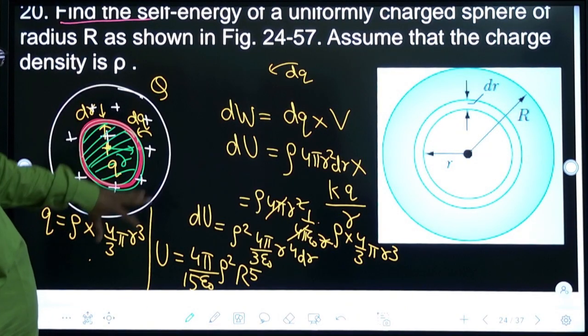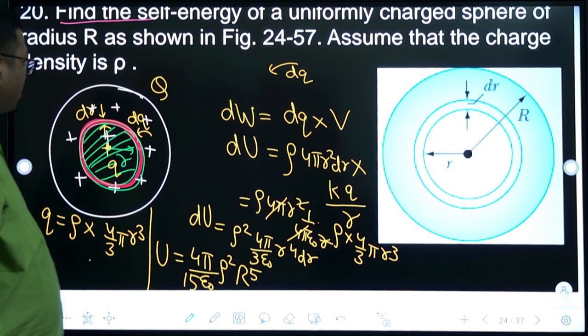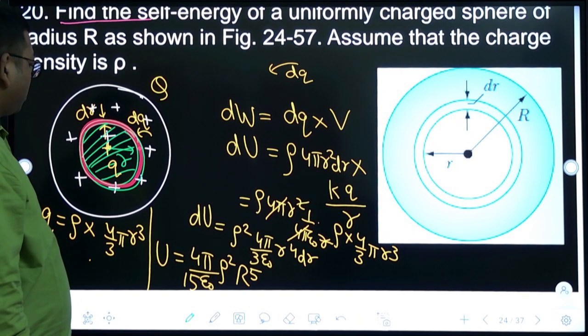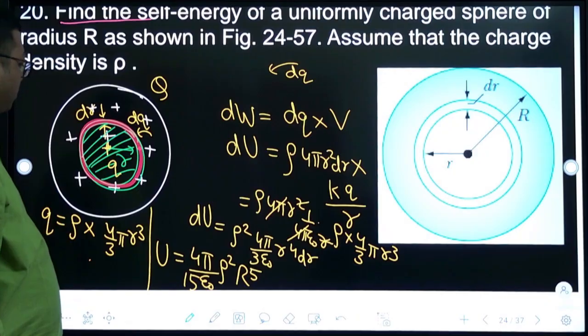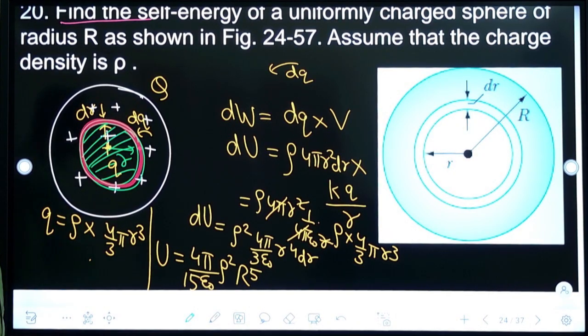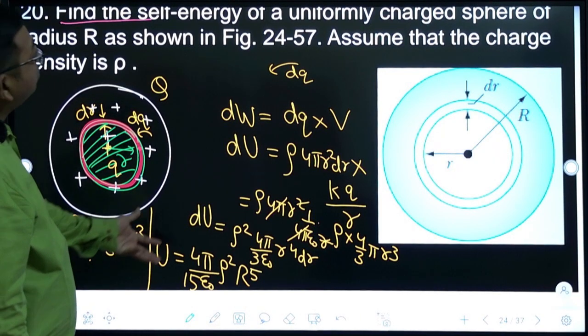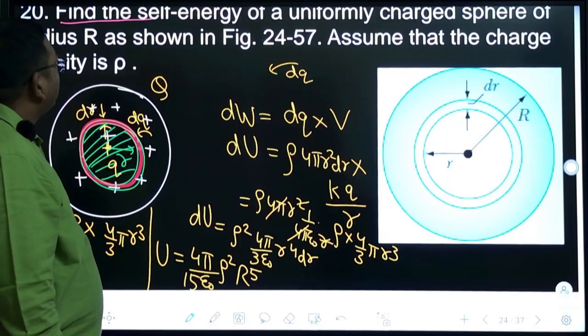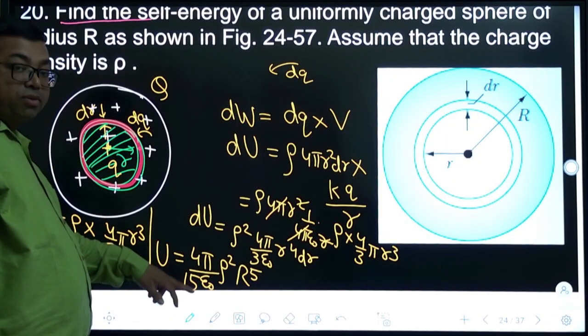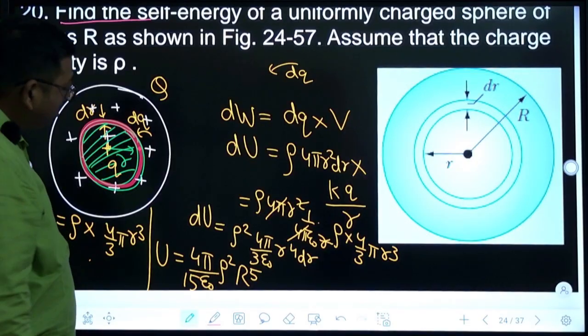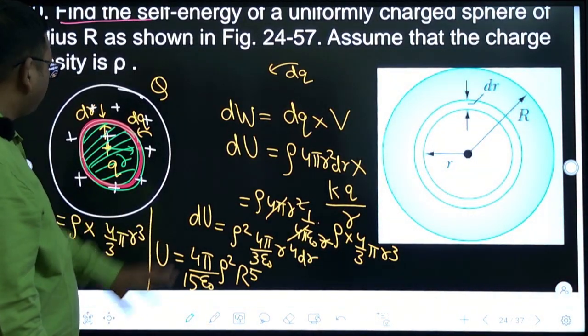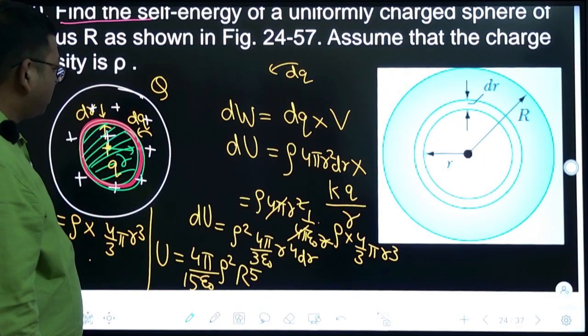If you want to bring it in terms of charge, you can bring it in terms of charge. You want to bring it in terms of charge or in terms of rho. It depends on the question, what they have given. If you have to bring it in terms of capital Q, you have to open this rho. There is no other way.